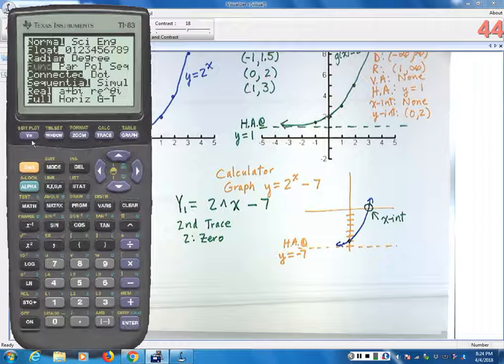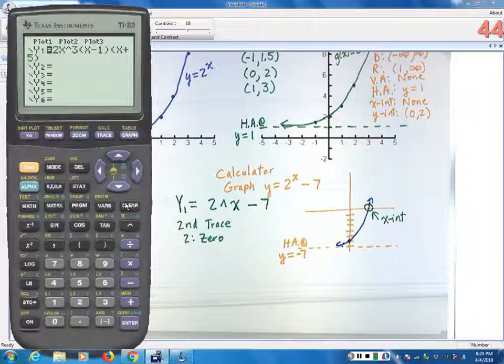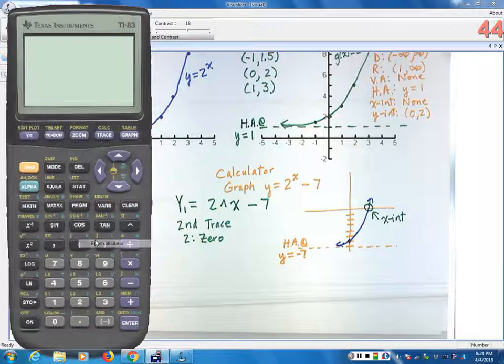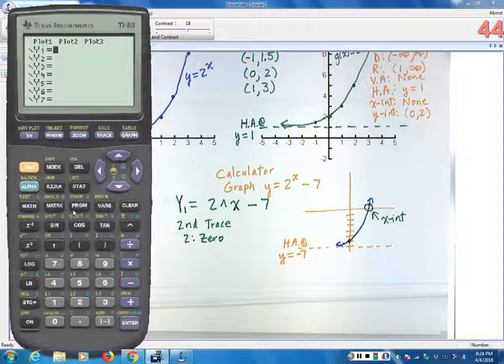Let's see, y equals, there we go. Aha. Or I could have hit reset the calculator. Anyway, it said r equals, that was weird. I need to know how to do that. Wow. Okay, I didn't know you could do that.